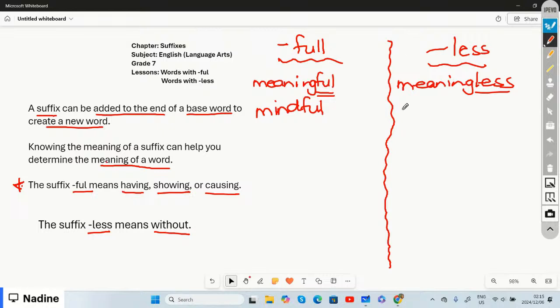However, if we are mindless, right? Mindless is without. It's like you don't care. It sounds almost like that. You see, so we basically have opposite words, or opposite meanings of those words.